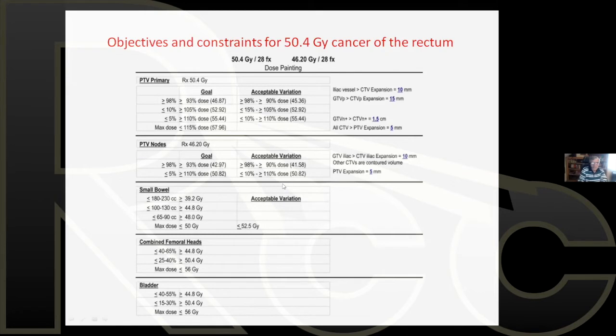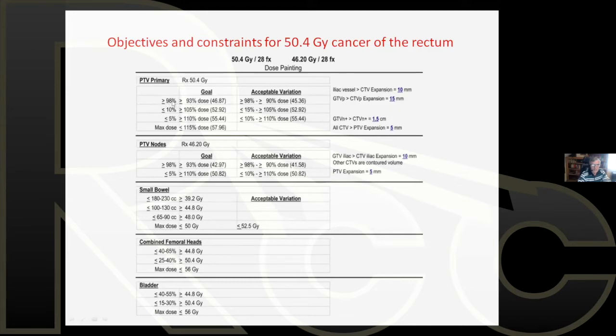Cancer of the rectum is another area that we treat. 50.4 gray in 28 fractions, pretty typical. Look at the objectives here.